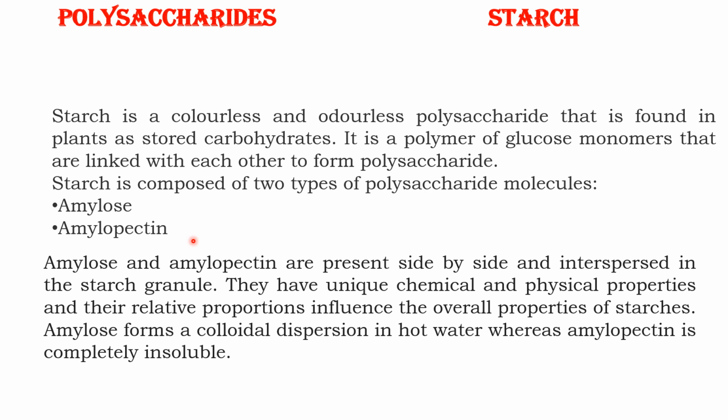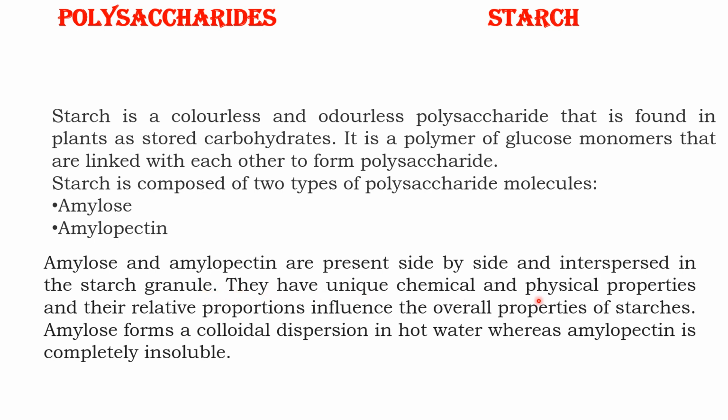When we identify the structure of starch, starch is composed of the monomer unit glucose which combines together to form amylose and amylopectin. Amylose and amylopectin are present side by side and interdispersed in starch granules.